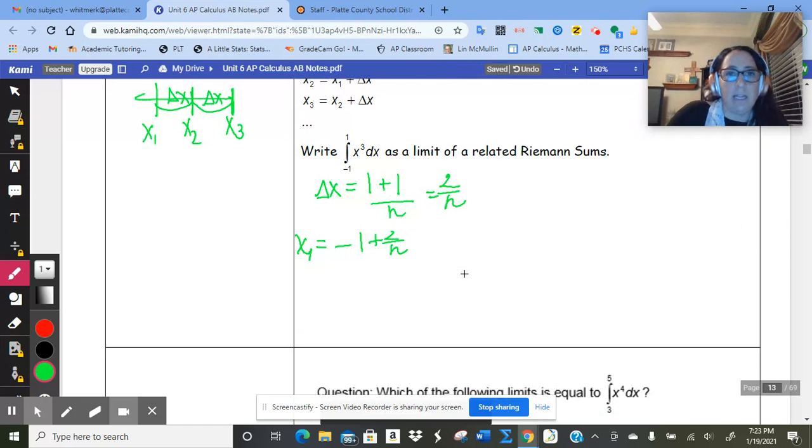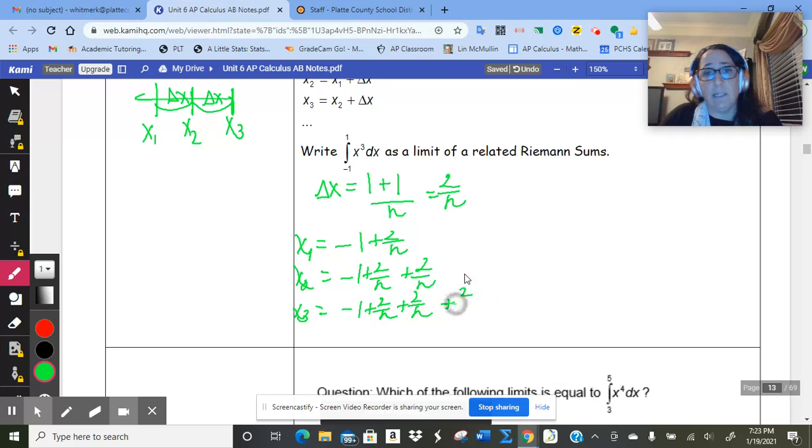Then I find my x sub 2. It is where I just had it, and then I add my delta x each time. X sub 3 is what I just had, and then I add on my delta x.